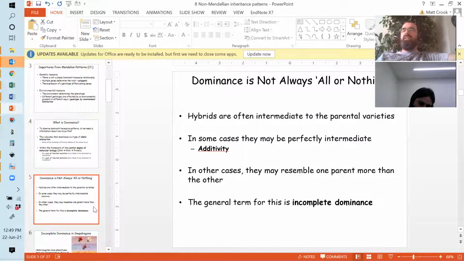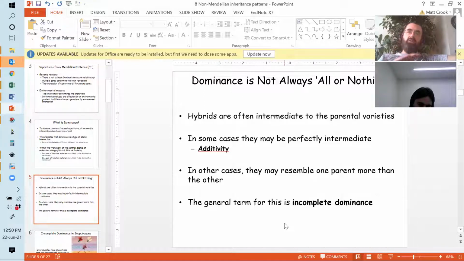Also, dominance isn't always an all or nothing deal, right? Sometimes we can get intermediates, where the heterozygotes are in between the homozygous dominant and homozygous recessive. What this is talking about is that we have some degree of addition.